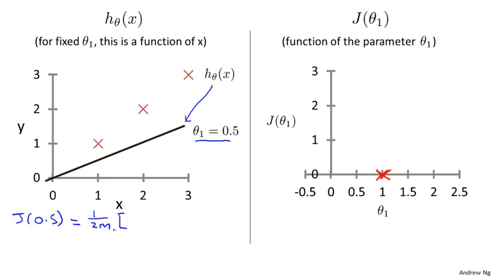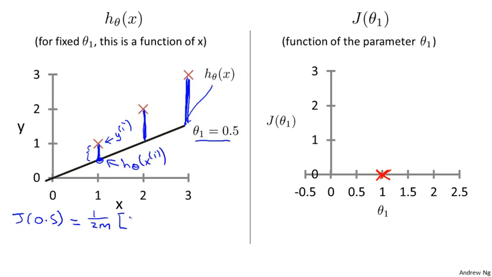It turns out that the cost function is going to be the sum of squared values of the height of this line plus the sum of squared of the height of that line plus the sum of squared of the height of that line, right? Because this vertical distance is the difference between y i and the predicted value h of x i.